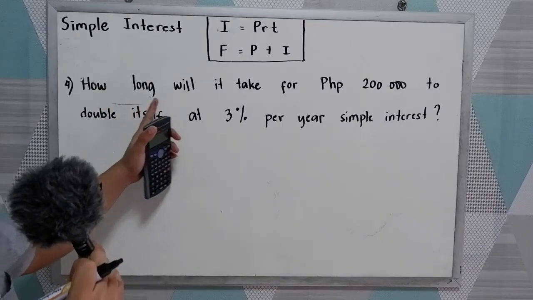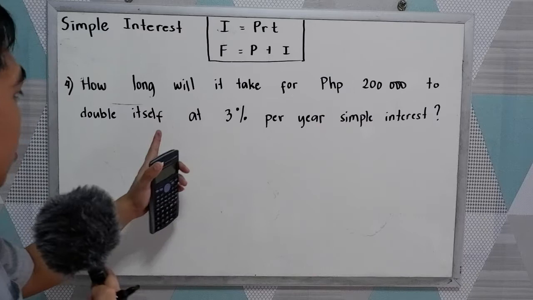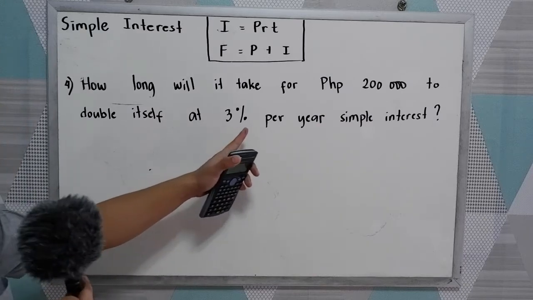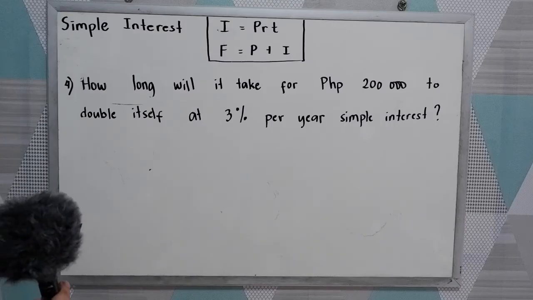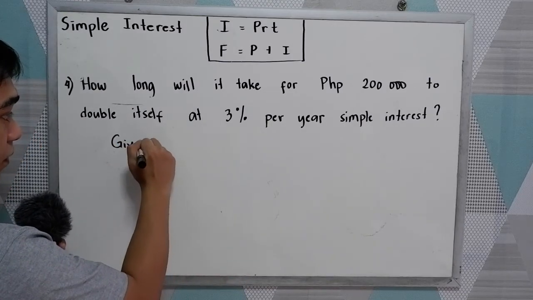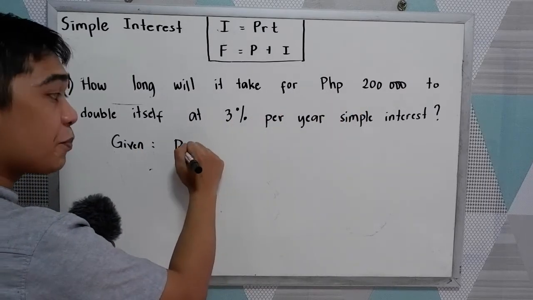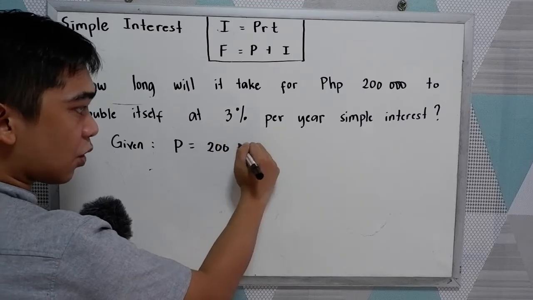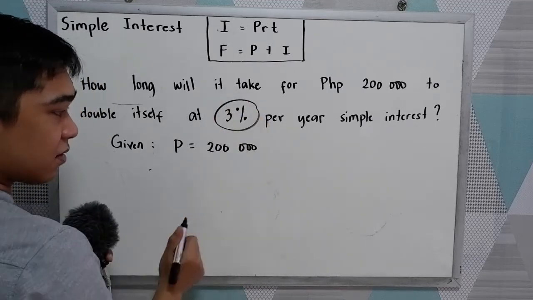How long will it take for 200,000 PHP to double itself at 3% per year simple interest? So first, determine the given. We have 200,000. That is our principal, or P. We also have 3%.